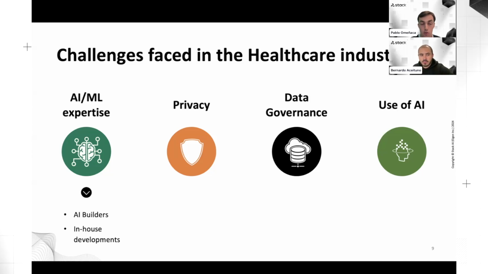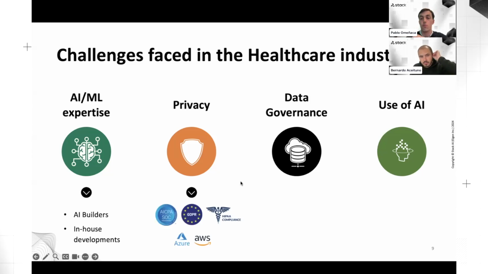And of course you also have the option of in-house development, so hiring a full team of AI experts and software developers. But of course this is more expensive, and it's going to take more time to get the solutions in production.